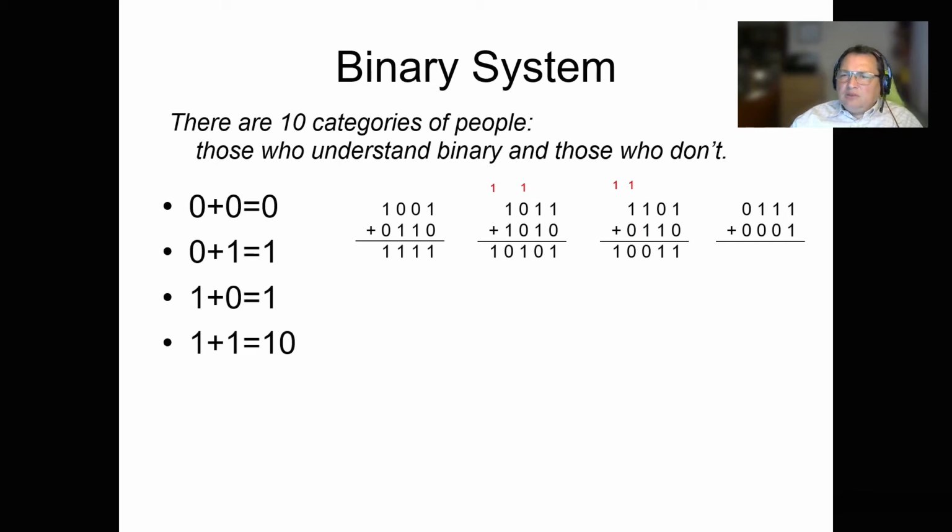And the final addition, 1 plus 1 is 0 carry over 1, but I have 1 and 1, it's again 0 carry over 1, and the 1 from the carryover plus 1 plus 0, it's 1 plus 1, it's 0 carry over 1, and 1 goes here. The result is 1, 0, 0, 0.